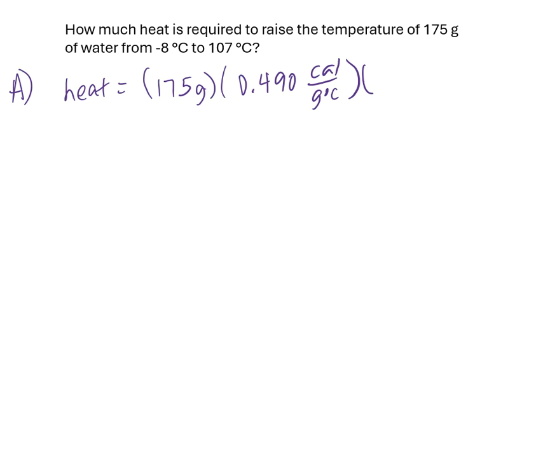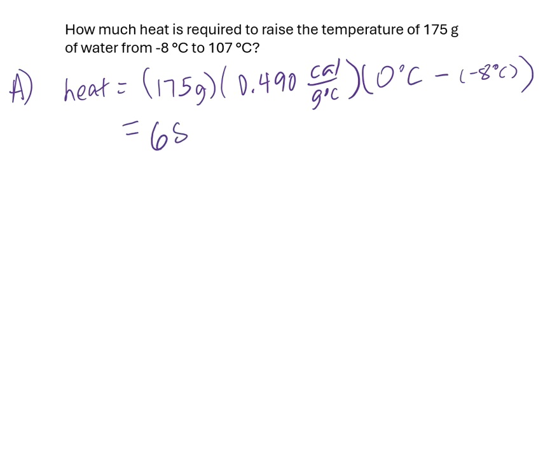So our delta T would be 0 degrees Celsius minus a -8 degrees Celsius, which is simply 8 degrees Celsius. And so once you put this in your calculator, your 175 times your 0.49 times your 8, and it becomes positive, because remember, if you subtract your negative, it becomes positive.